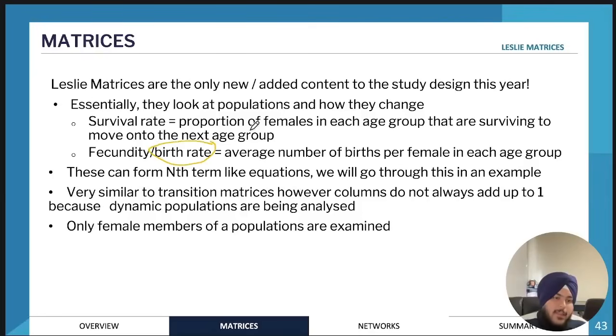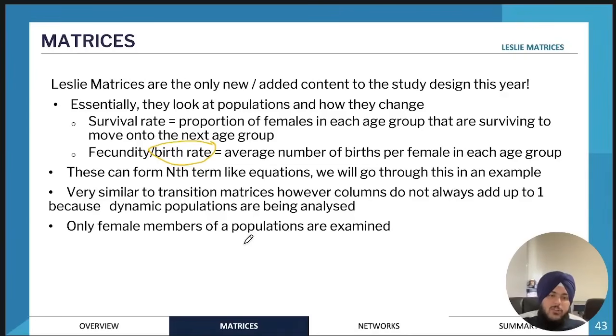The other thing that we have a look at is birth rate. Birth rate is, on average, how many babies are being born per female in each age group. So for example, in the insect population, in the first week, the insects are not mature enough to give birth, so the birth rate is going to be 0.